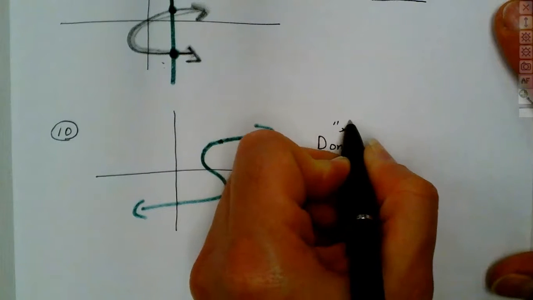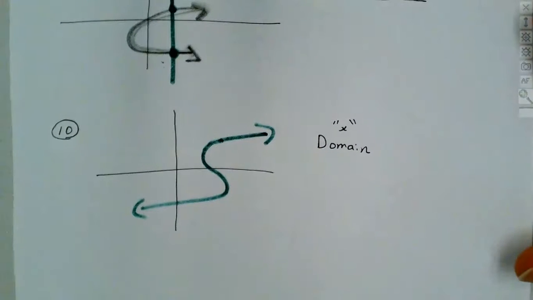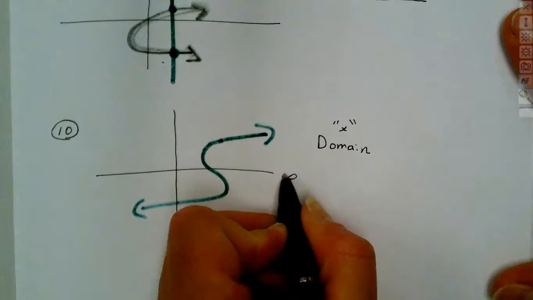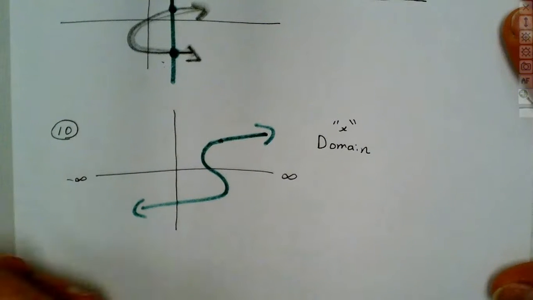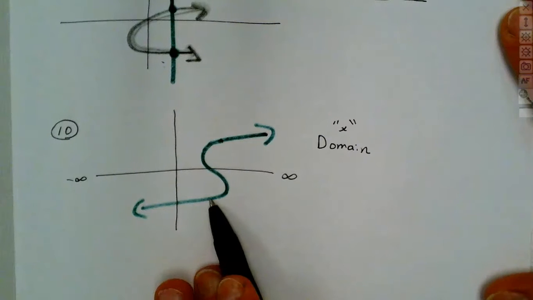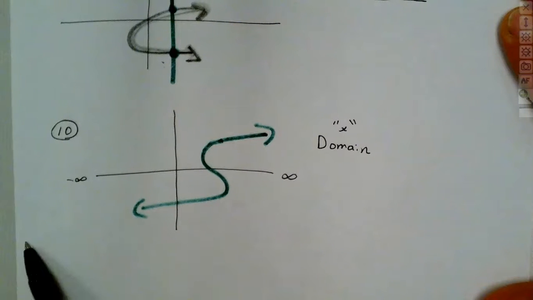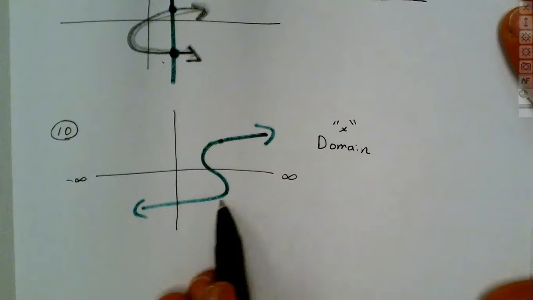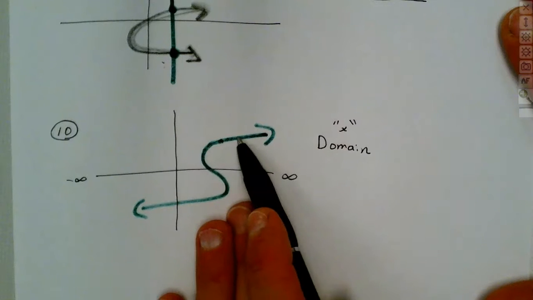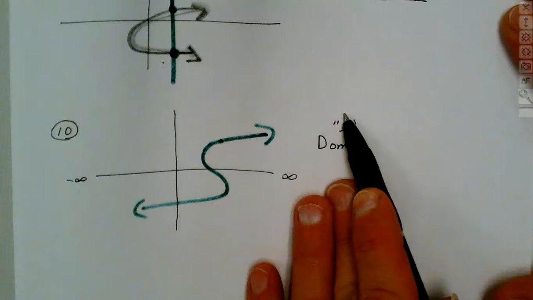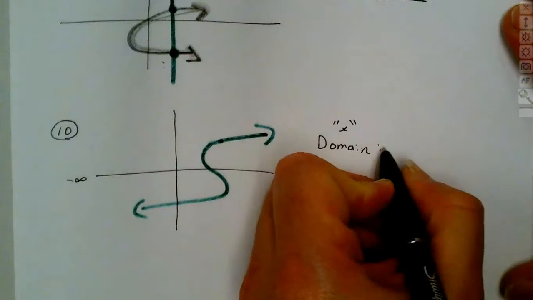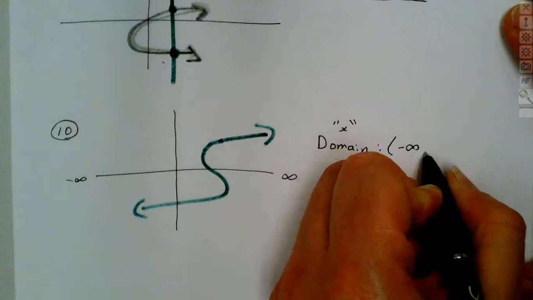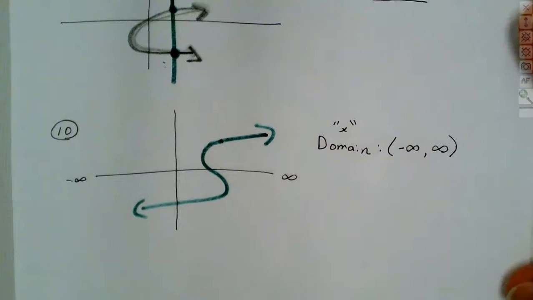What we look at is whether we can go to the left and to the right. Well, this has arrows here. If I follow this graph, it's going to go all the way back to the left, down and to the left. And if it goes up this way, it goes up and to the right. So it goes to the left and it goes to the right, so my domain would be negative to positive infinity.